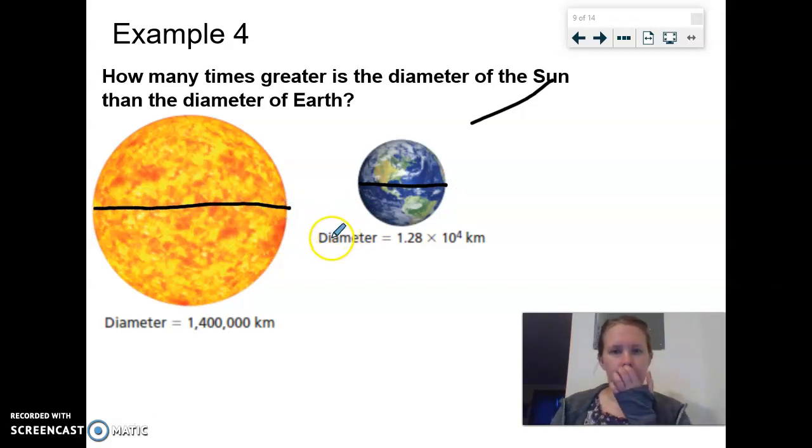Okay, so in this case, I've got one that is written in scientific notation and the other one that is not. So we're going to change the sun to scientific notation here. Remember, that means my decimal is right here, and I'm going to move my decimal over. Because this is a large number, this is where it might get tricky.